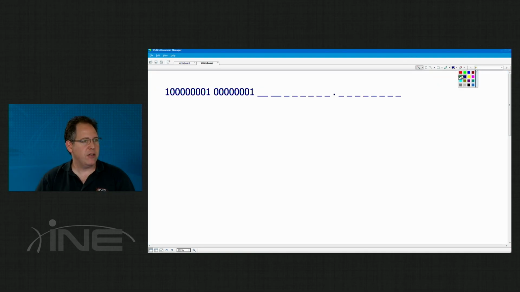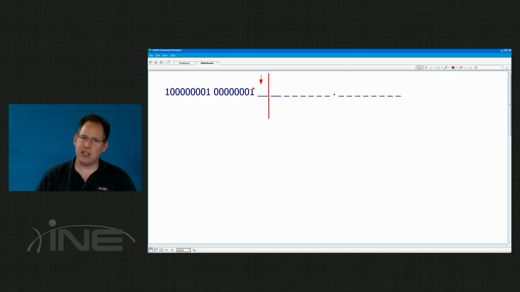Here's what I'm going to do. I'm going to take this bit right here and add it to my networking bits. My group, my broadcast domain, is now the first 17 bits. I know I can't touch the original pattern of 16, that was purchased from my ISP.